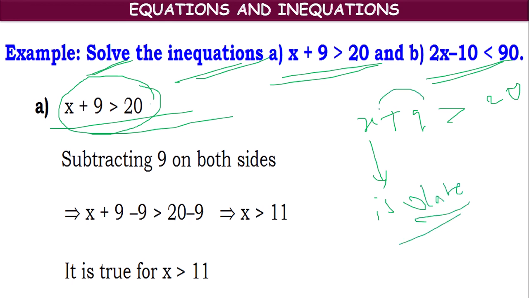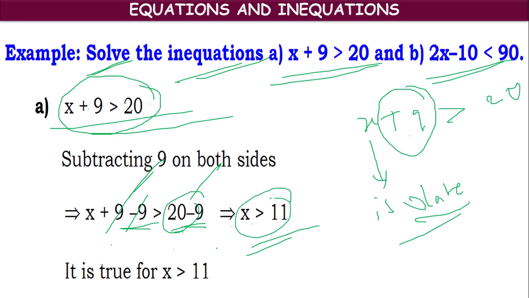Whatever extra value is there, that is to be removed, plus 9 is there. So for removing plus 9, we can add minus 9 or we can subtract 9 on both sides. Adding minus 9 is same as subtracting 9, both sides. So x plus 9 minus 9, 20 minus 9, plus 9 minus 9 cancel, x greater than 20 minus 9 equals 11. So x greater than 11.